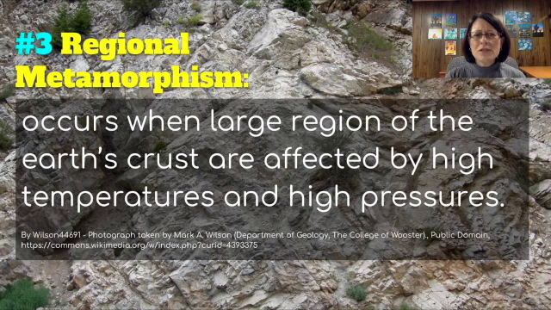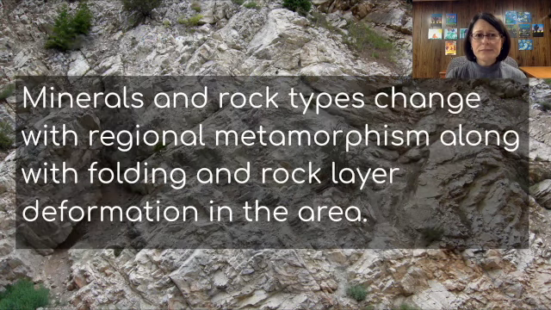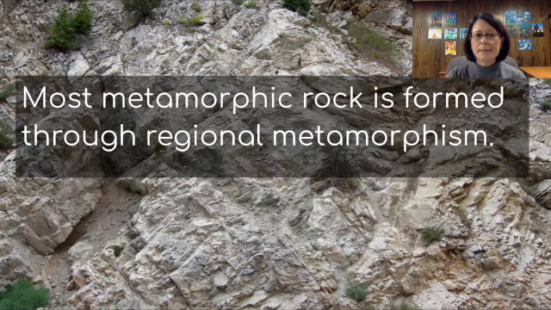There's also regional metamorphism. This occurs when large regions of the Earth's crust are affected by high temperatures and high pressures. This oftentimes is caused by dynamic metamorphism. Minerals and rock types change with regional metamorphism along with folding and rock layer deformation in the area.